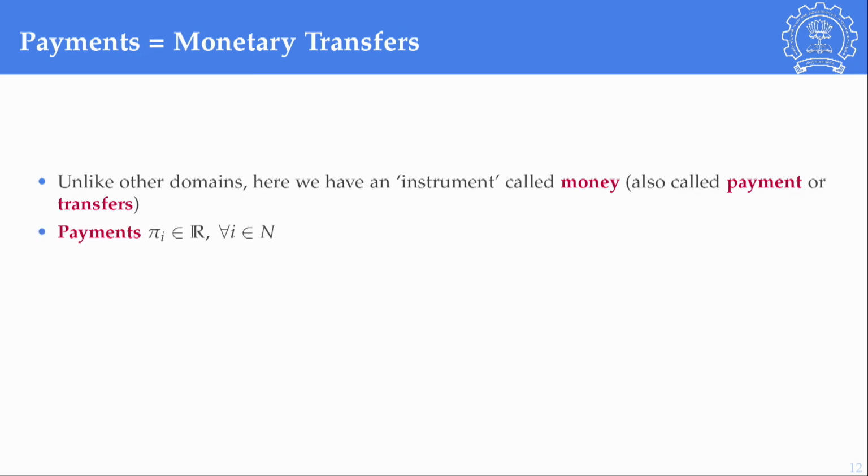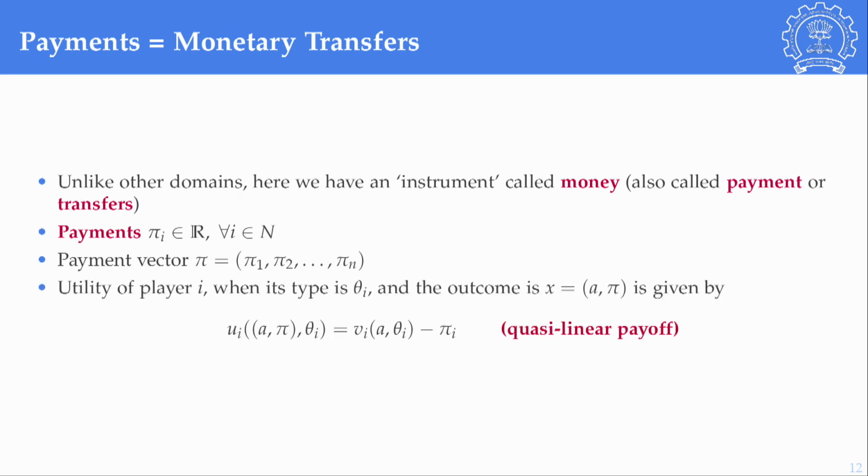Payments are all real numbers, and we use this payment vector. As I said, this x in mechanism with transfers will be a tuple of two things. One is the allocation which looks like the previous, and some payments, and that is given by this special form which is called the quasi-linear form. Why is it quasi-linear? There are two components in your decision variable, the outcome x.